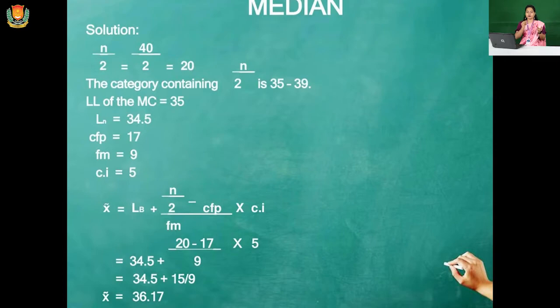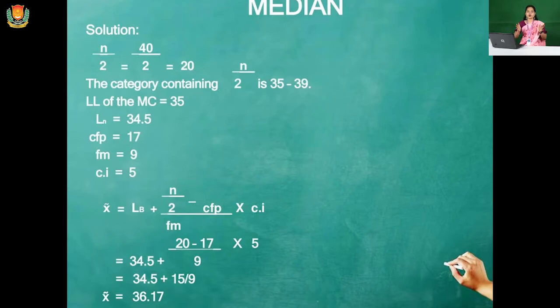Okay, maybe all of you are confused about how we have calculated 34.5. Whenever you have discrete data that is not continuous, like 30 to 34, 35 to 39, what you do is subtract 0.5 from the lower limit and add 0.5 to the upper limit.